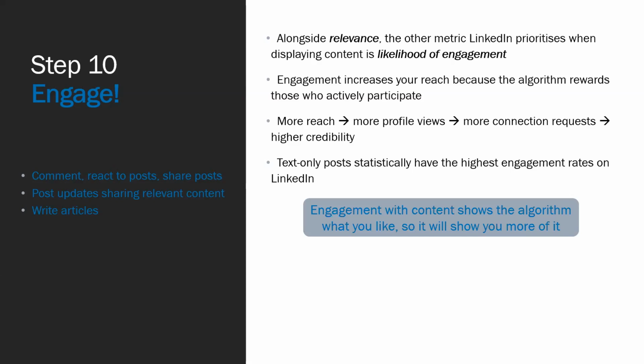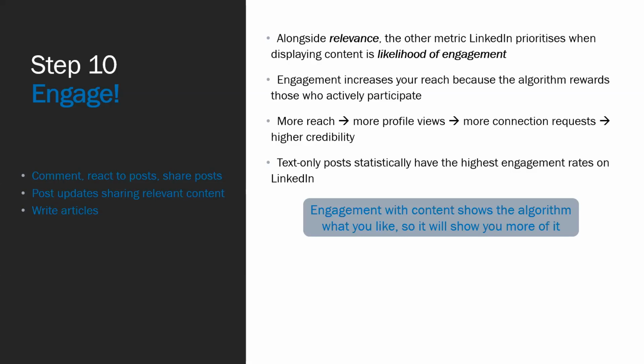So if you participate, then your engagement will automatically increase. And we're going to get to how that looks just now as well. But more reach means more profile views, means more connection requests, which in turn eventually leads to higher credibility.